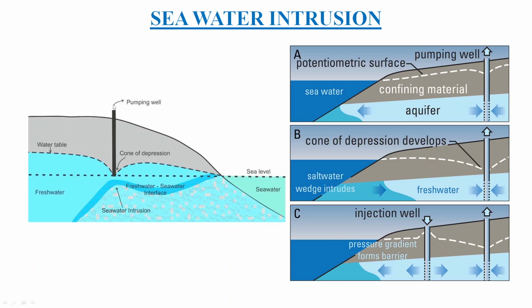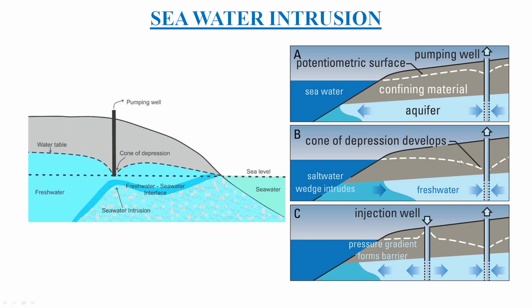Now if you are looking at an aquifer which has a water table like this, to acquire fresh water you have dug a well like this and you are pumping water out of it. What will happen? Obviously a cone of depression will be formed first, like this.